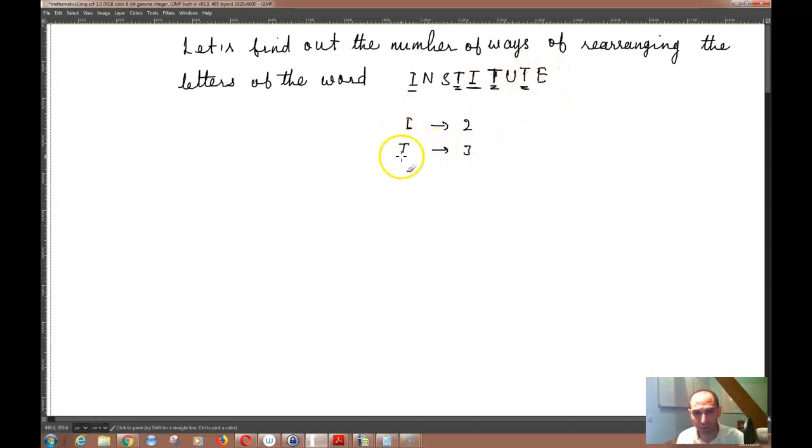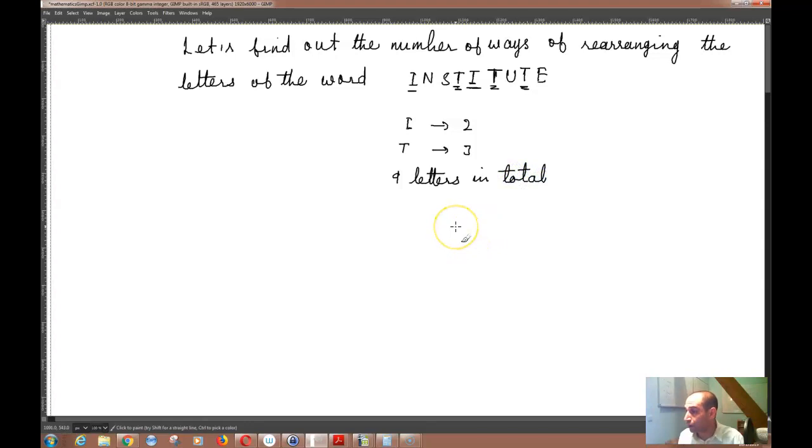That's it. The repeated letters are these two letters. In total you have 1, 2, 3, 4, 5, 6, 7, 8, 9 letters, so n is equal to 9 letters in total.